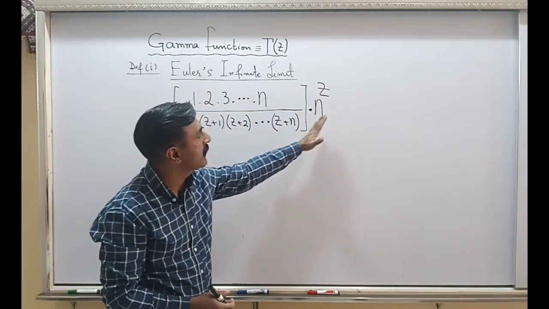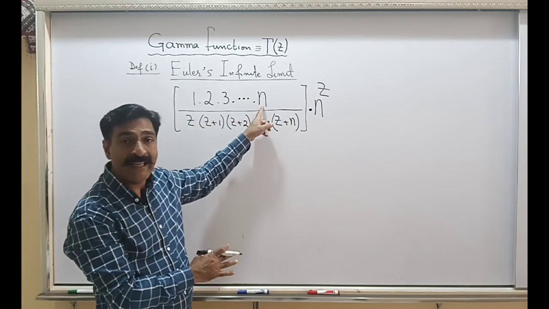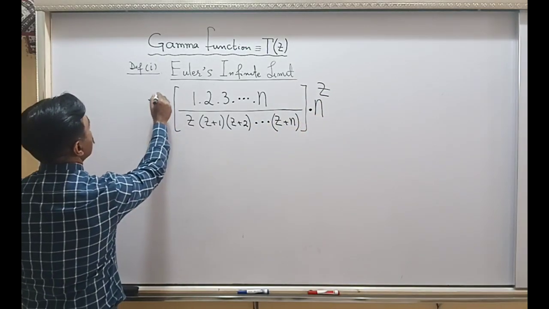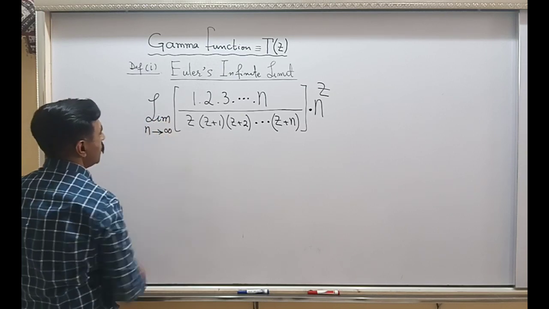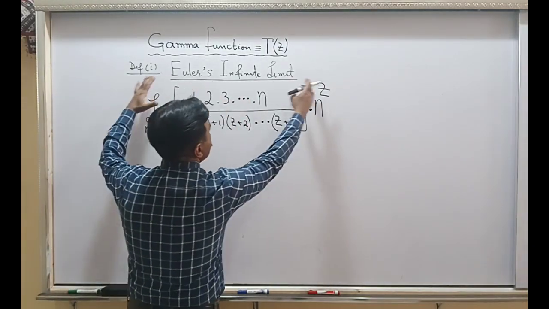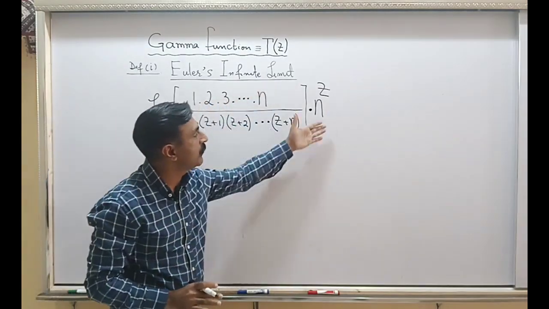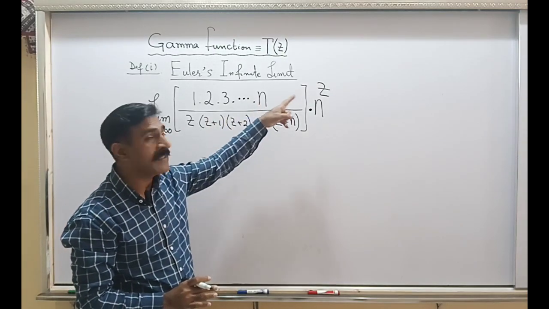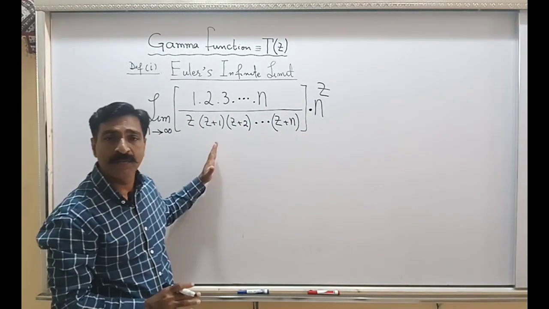So whatever this is a function of two variables. Number one n, number two z. But if you apply this condition on n, that n approaches to infinity, then can you guess how many variables are in this expression now? This is a function of which variable? Is it a function of still two variables n and z, or is it a function of n, or is it a function of z?